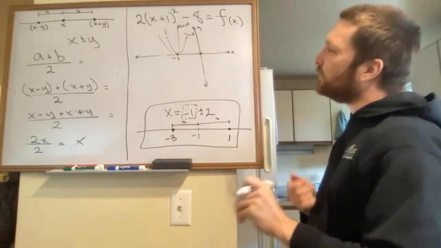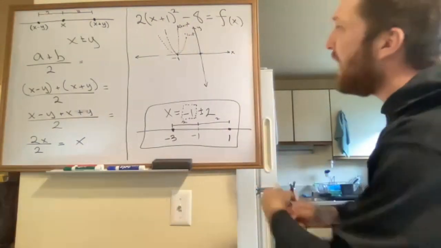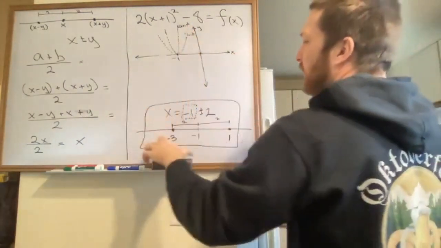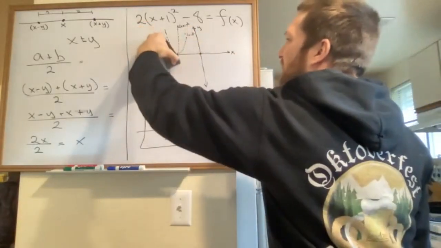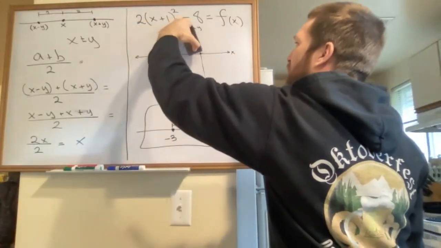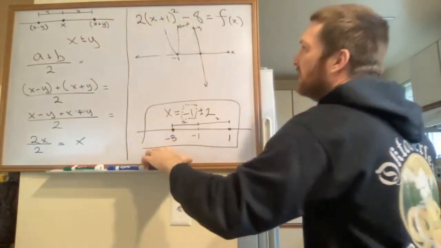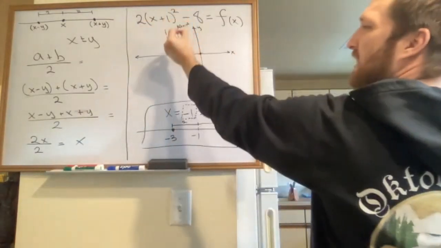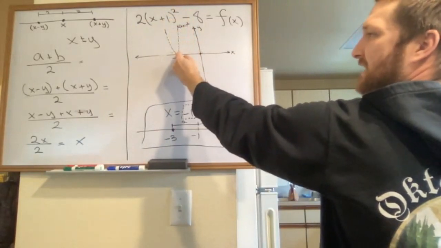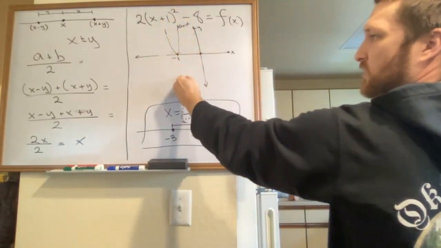And let's just look at this real quick. Let's imagine this parabola right here, the long skinny one that I've drawn, right? The 2 times x plus 1 squared right there. If we drag it straight down, that vertex is still there at -1, right?